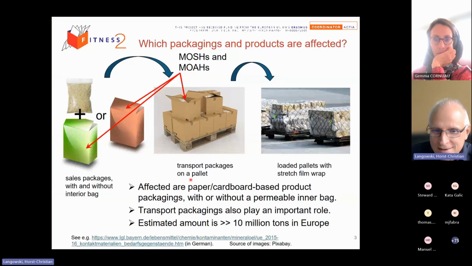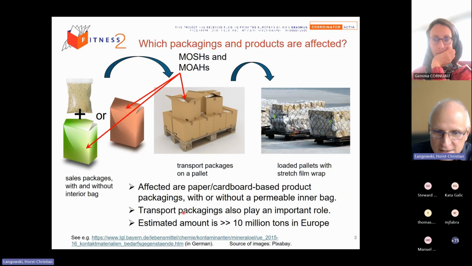Mainly, what is affected are the paper and cardboard-based product packagings. Those product packagings may have a permeable inner bag, like this one, for instance, rice for boiling, but they may also have nothing at all in this context. If you have an impermeable bag, you are on the safe side in most cases, so I don't want to talk about this.